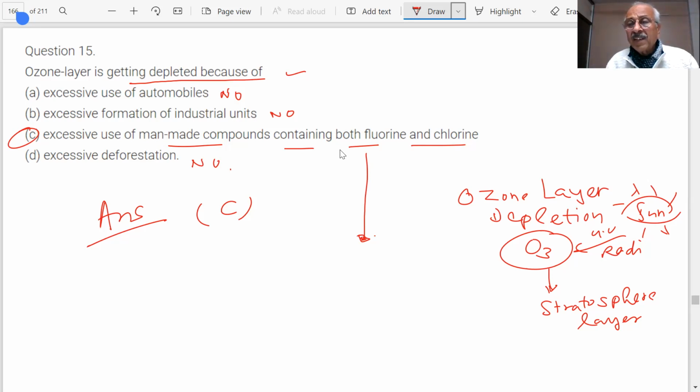Refrigerants, AC should be serviced. We have discussed that. Otherwise, there are aerosols or sprays which we use, students, and those jet flying emissions, all these.